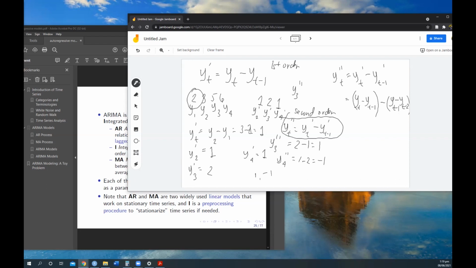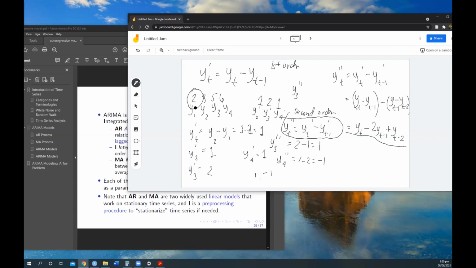So we have yt minus 2 yt minus 1 plus yt minus 2, because if you distribute, it becomes plus. So we can directly compute it from here.